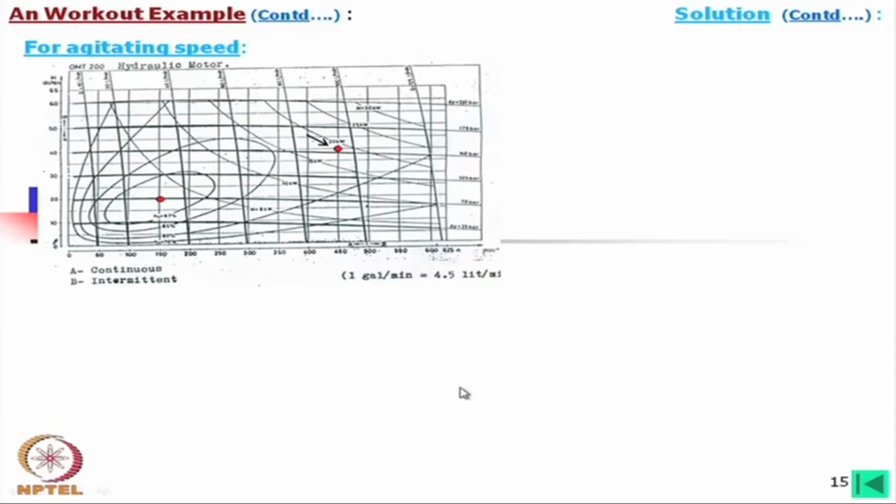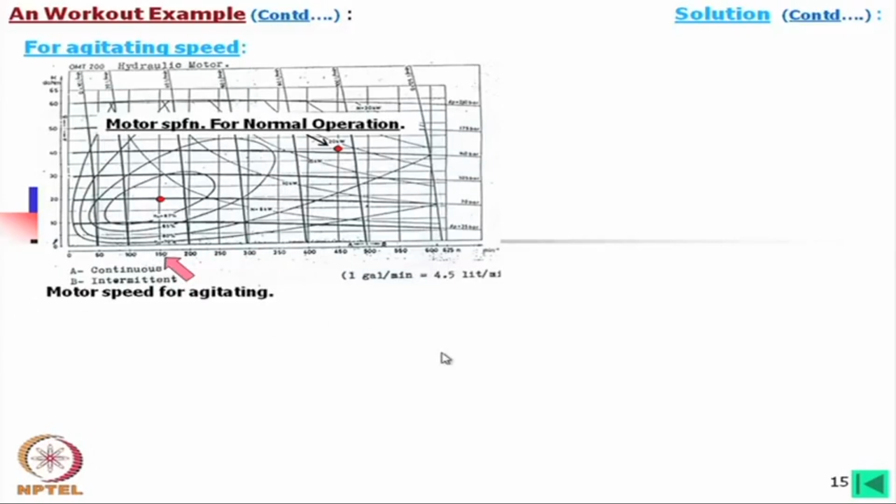Now, for agitating speed, this was motor specification for normal operations, but for agitating speed what we found is 150 rpm and this is the torque. Okay. Now, here I would say looking into this, rpm is 150 and here rpm is 450. So, it is 3 times less.